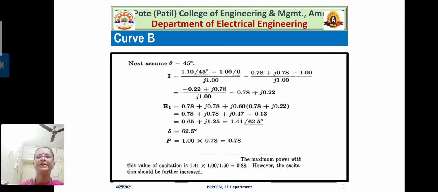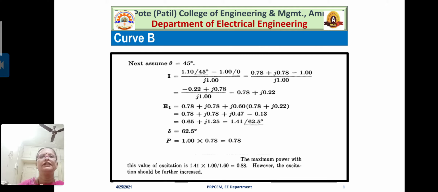That is for curve B. Assume theta is equal to 45 degrees. We are assuming this to illustrate how one can find the steady state stability limit, and also the effect of excitation voltage on P max, by drawing power angle curves, the various curves A, B, C, D, E up to, as I have shown on the first slide.